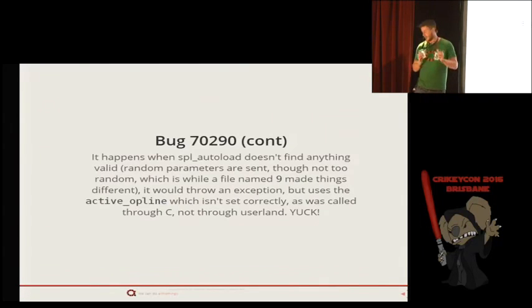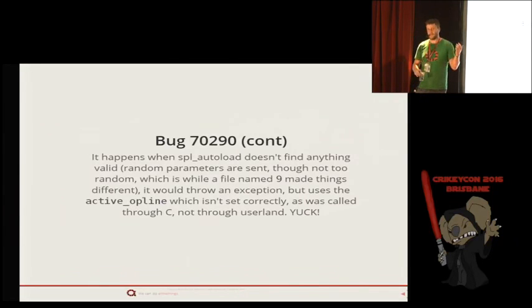So it happens when spl_autoload is looking for something valid, but random parameters are sent in because it's sending to a C function. The C function couldn't find anything, so it just got random stuff off the stack. And that's where the whole file named 9 came from, because the first argument wasn't random, but the second and further on were random.